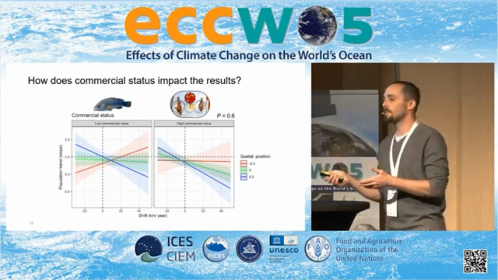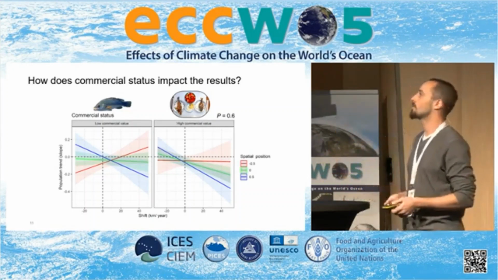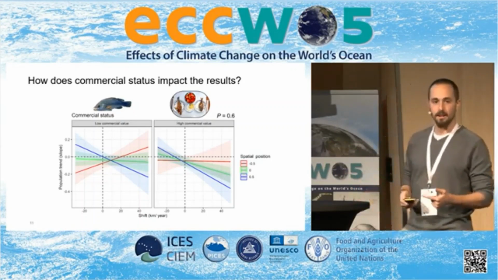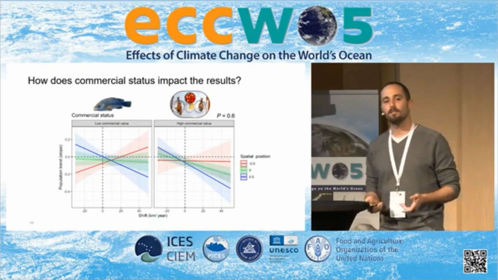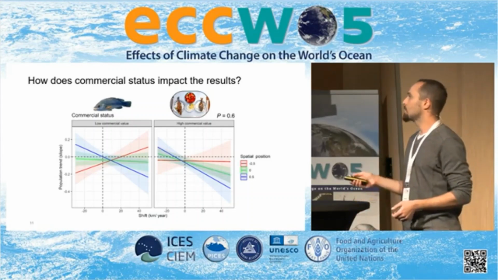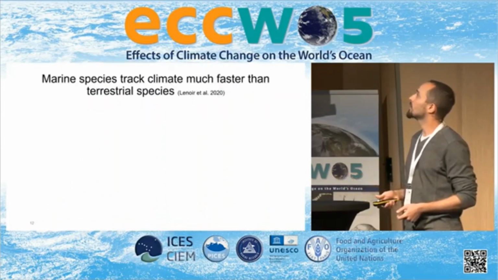We can see, for example, that poleward populations are declining no matter the commercial status. I don't have time to show further analysis, but I can discuss it later. We also investigated the vulnerability of different species to fishing, but I would be happy to talk about it a bit more later.